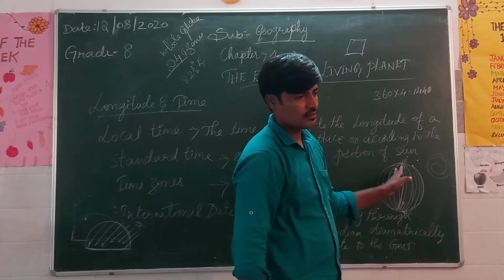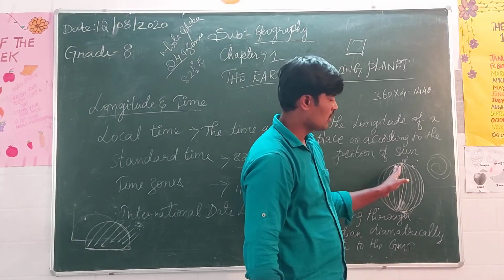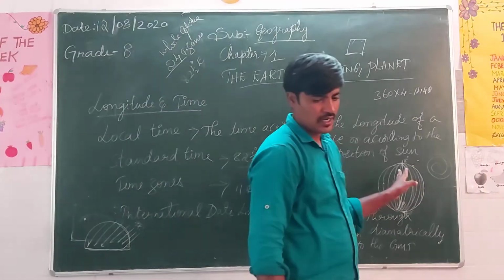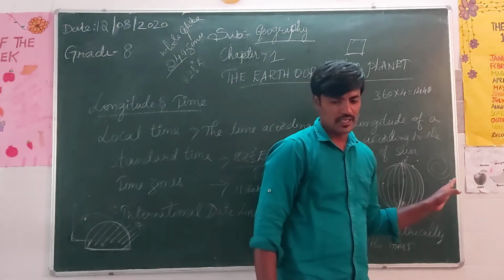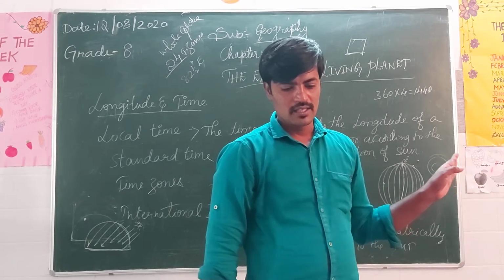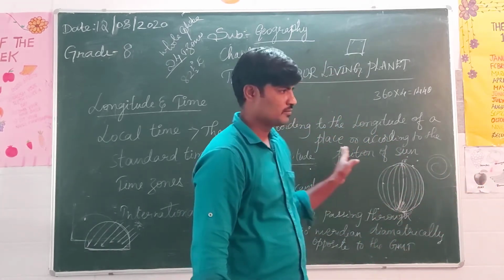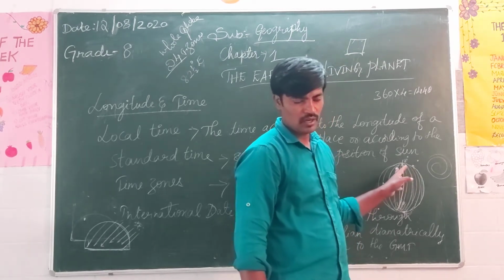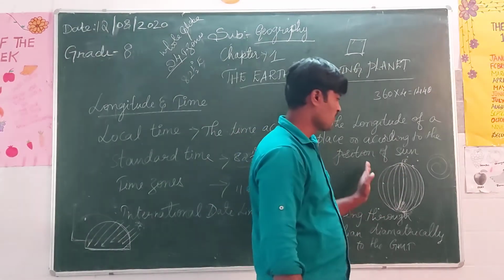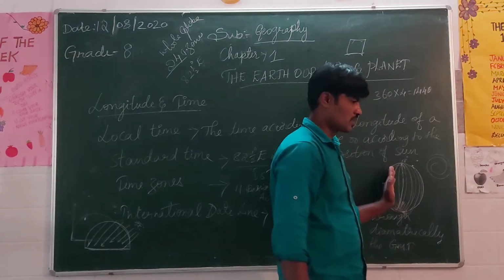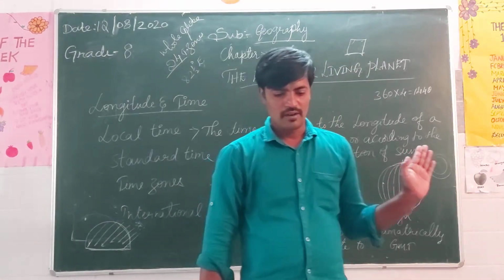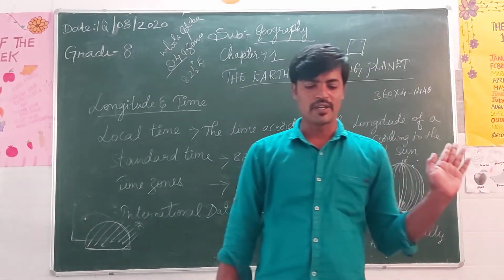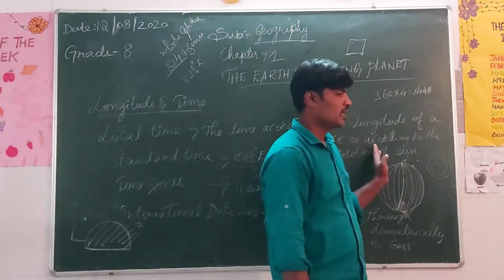This is known as EGA, east gain added. The eastern countries receive more time, and the western countries lose it. That is WLS, west lose subtracted.